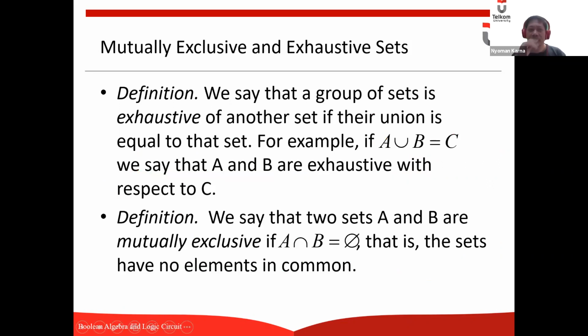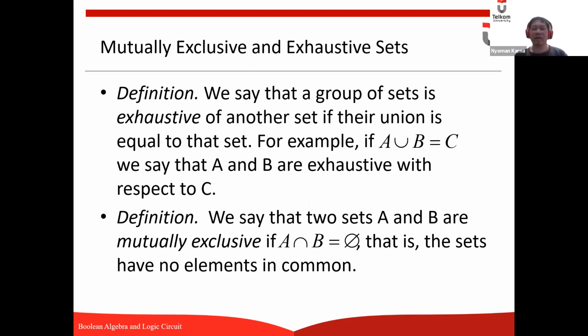Okay, now let's move on. Now we have something called mutually exclusive and also exhaustive sets. We call one set with another set exhaustive if we union both sets, then we get another set.